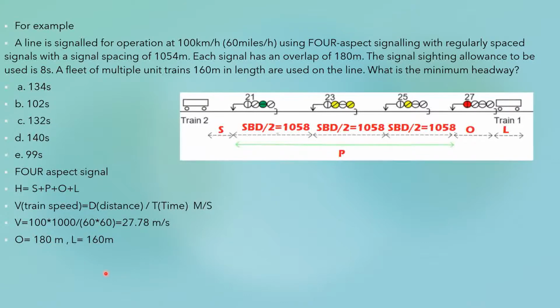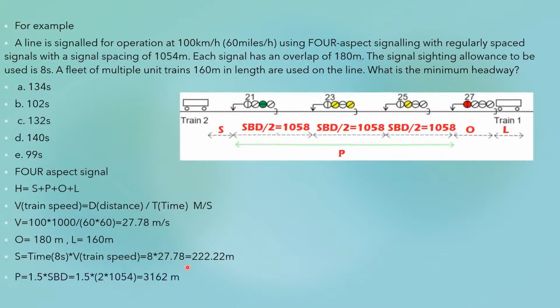L is the train length, 160 meters. S is the sighting distance, which will be 8 seconds here multiplied by the train speed V, which equals 222.22 meters.